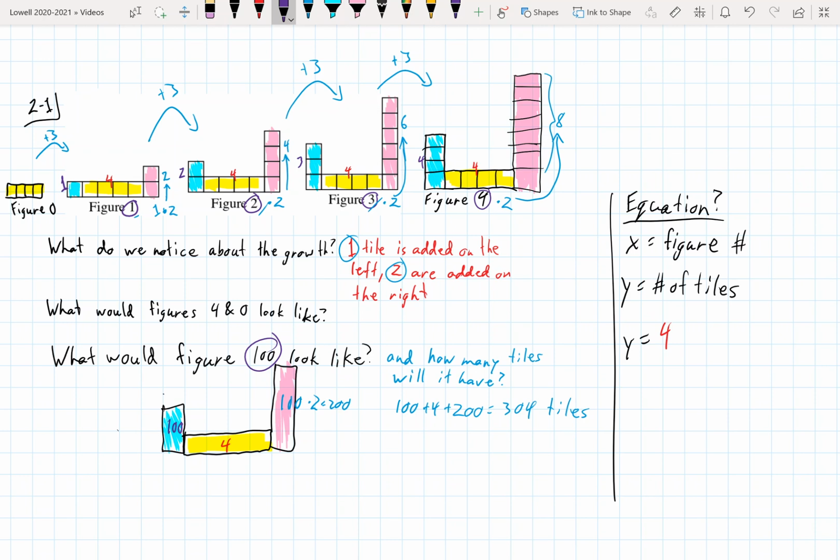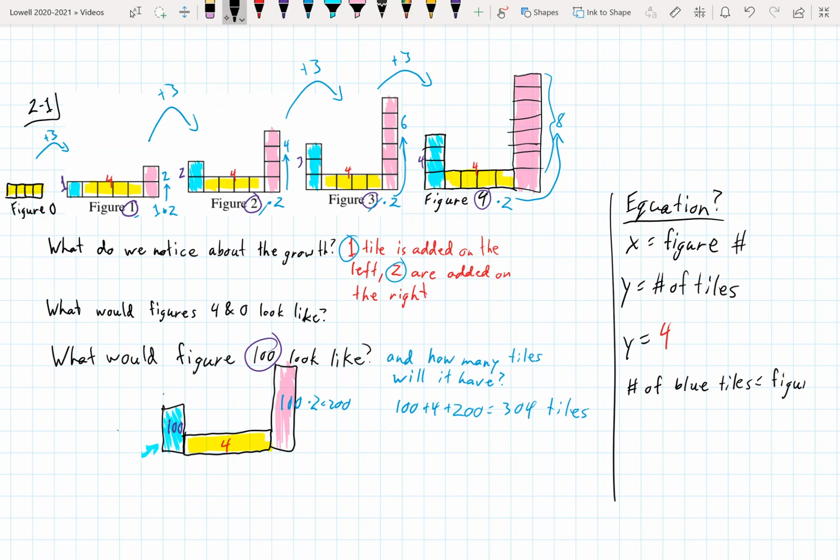Okay. Well, how did the left side tower come up? We notice that the left side tower, the number of blue tiles, in figure 1 there was 1 blue tile. In figure 2 there was 2. In figure 3 there was 3. In figure 4 there was 4. In figure 100 there was 100. And so it seems like the number of blue tiles, let's write this out, the number of blue tiles equals the figure number.